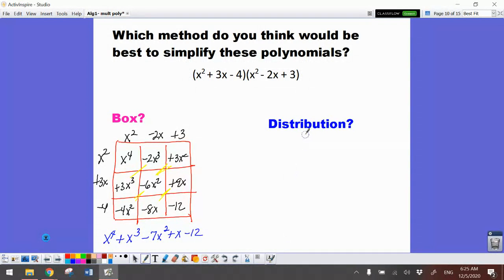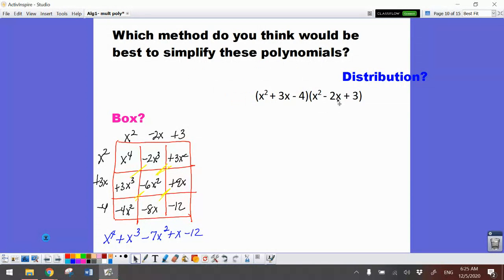So I'm going to go ahead and get this out of the way because I'm going to need a little bit more space. Okay, so I'm going to start by doing my x squareds. So that is x to the 4th minus 2x cubed plus 3x squared. And I'm definitely going to write this one vertically.